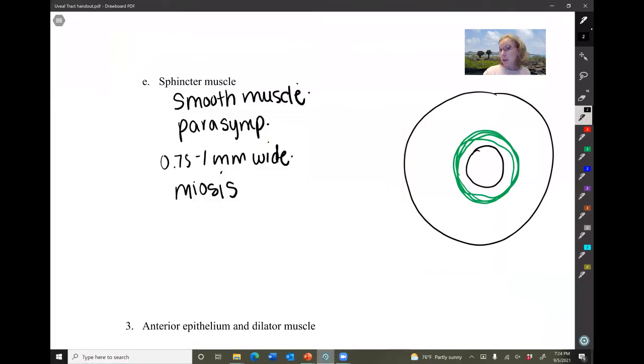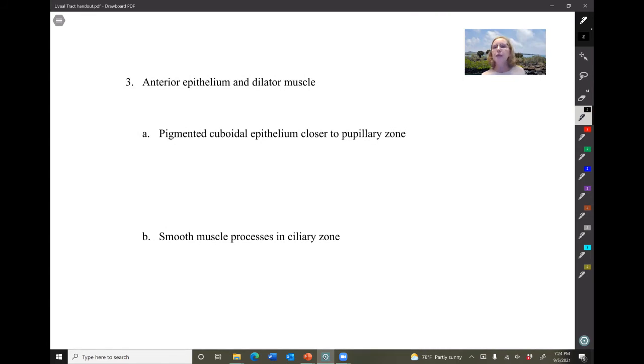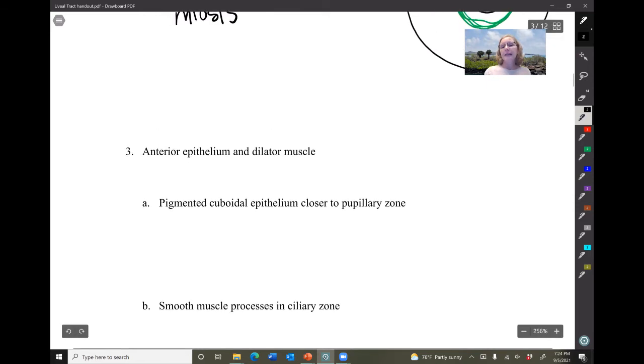Continuing posteriorly, the next structure we are going to come to is the anterior epithelium and the dilator iris muscle. Now, there's actually two layers of epithelium that are posterior to the stroma, and they're actually connected.